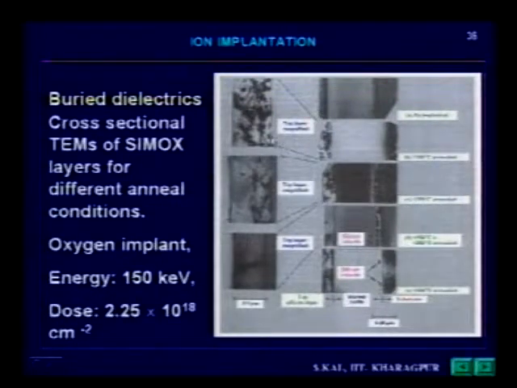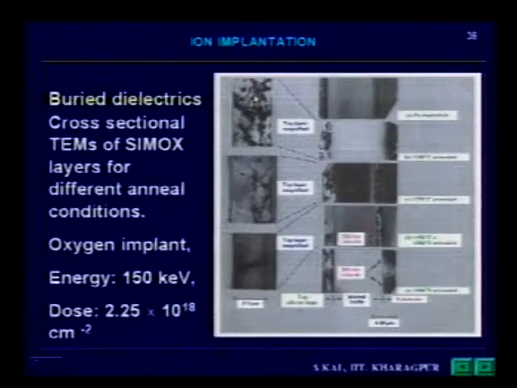Sorry, this magnification is of this layer, not this one. The as-implanted surface is not magnified, but in the second case, B, the 1150 degrees centigrade annealed sample, the top layer is magnified and shown here. You can see the defects. Now if you increase the annealing temperature to 1200 degrees centigrade, then the top layer is magnified here.